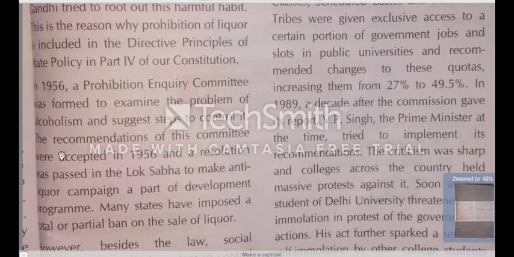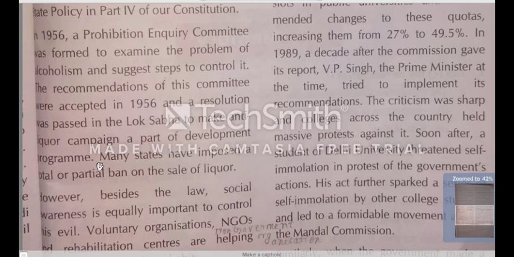When the committee gave its recommendations, they were shown in the Lok Sabha and accepted, and from that time some development programs started.